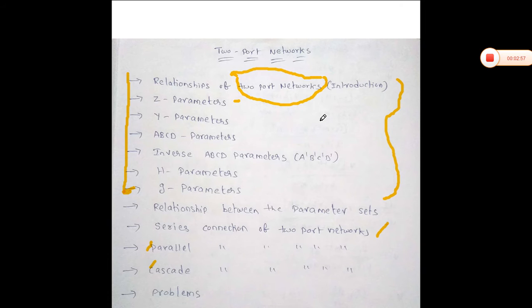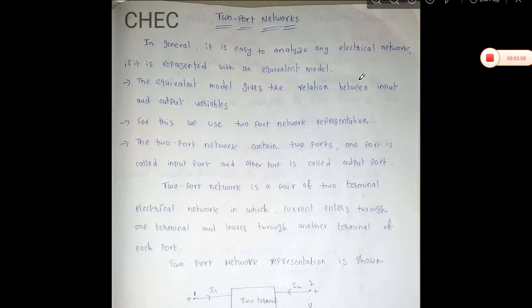Let us discuss the first topic, the relationship of two-port networks, which is nothing but the introduction. Why we go for two-port networks: mainly, it gives the relationship between the input and output parameters in terms of an equivalent model.